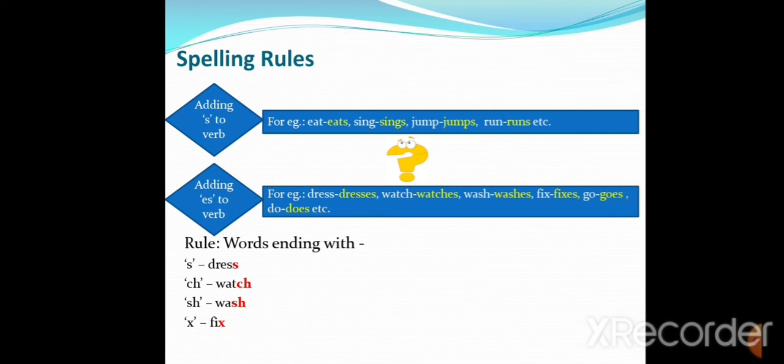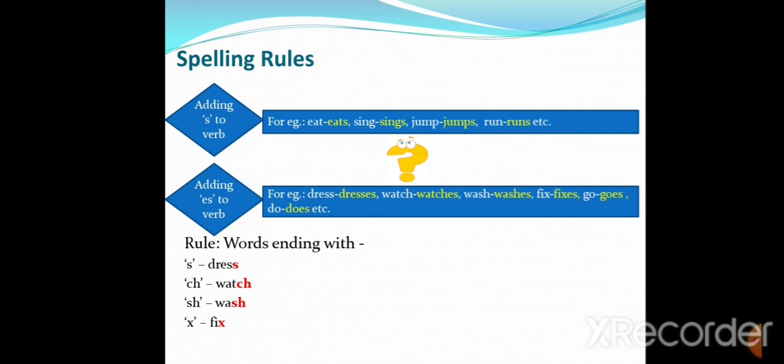Now there's also one more thing. If the verb is ending with the letter o, and before o there is a consonant g or d, like you see in the examples go and do, you can see that both go and do are ending with the letter O, and both G and D are consonants.